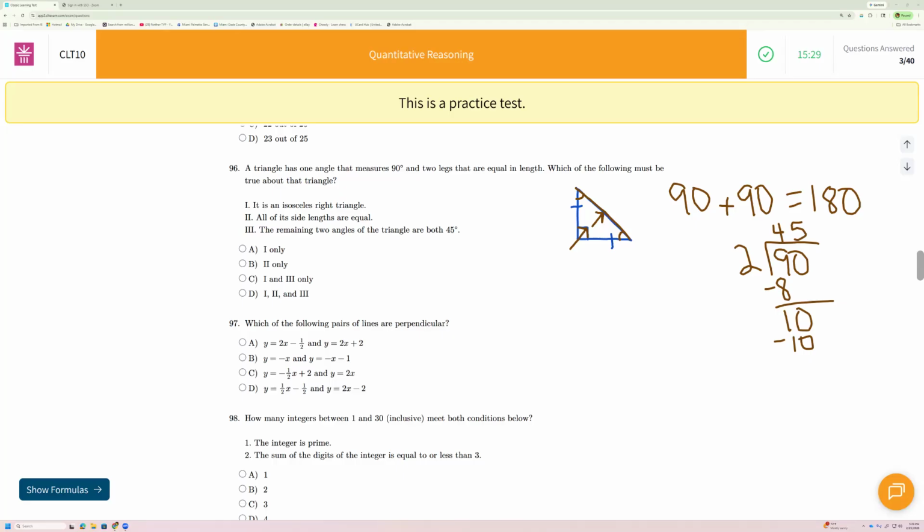So it is isosceles. That happens when you have two legs that are equal in length. That is the definition of isosceles. And then, obviously, by the diagram, my angles are 90, 45, 45 because they're equal.